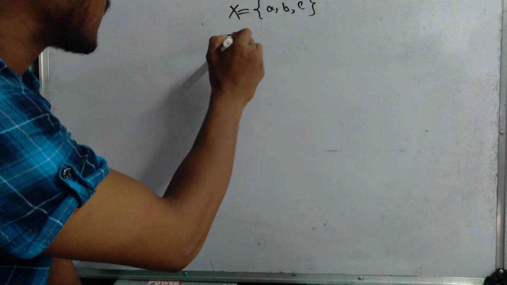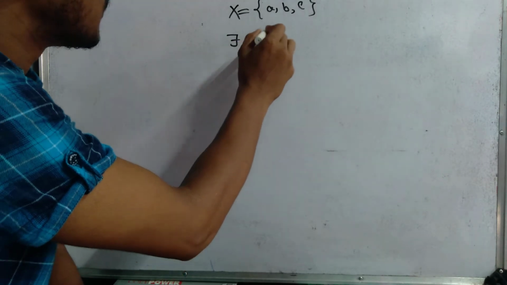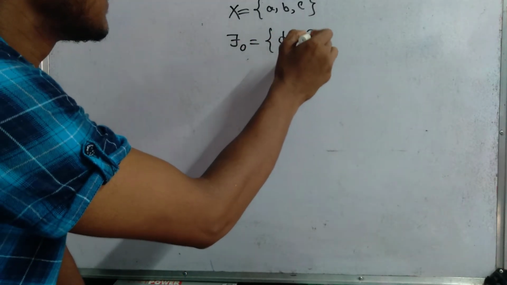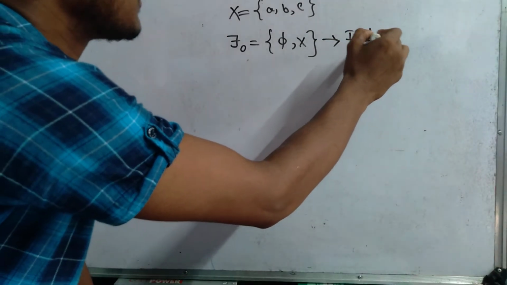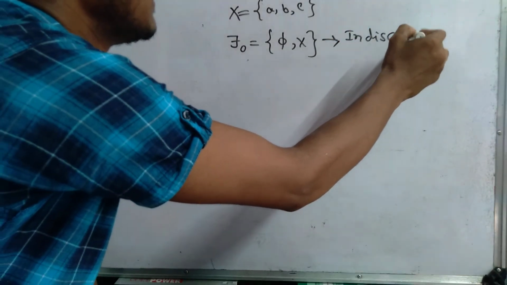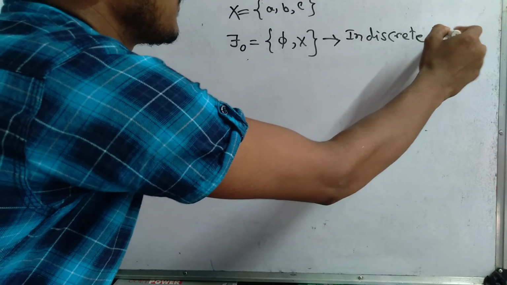First, tau is phi, X. This one we call the indiscrete topology.